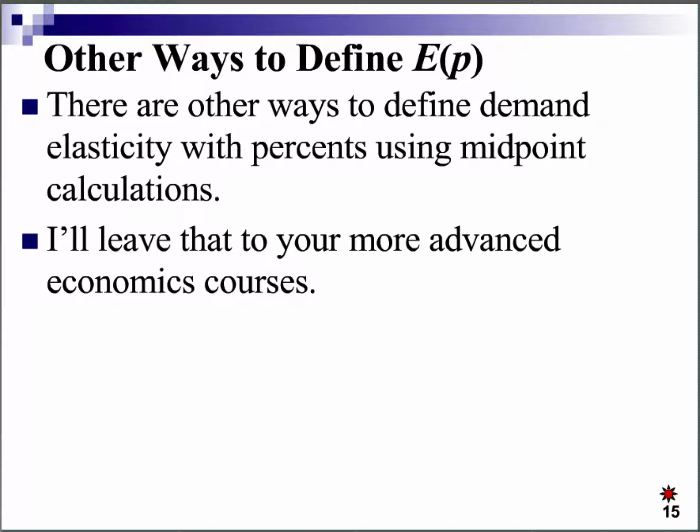I'll leave that to a more advanced economics course that you might take, where you can ask other professors about it. But we're just going to focus on the really simple, straightforward approach that we just looked at here. But actually, what we want to do is make a transition to thinking about elasticity in terms of calculus, since we're in a calculus course. So we're going to make that transition here real soon.